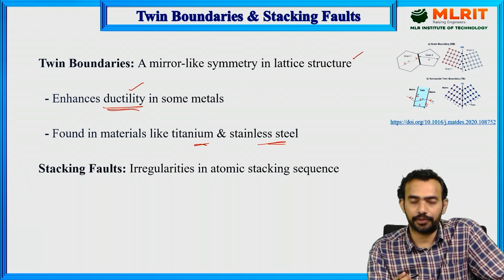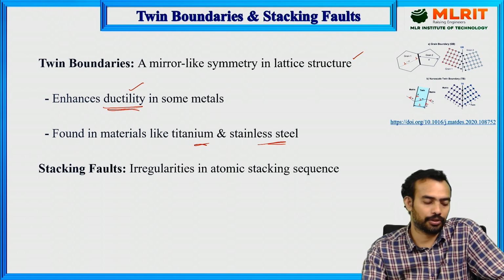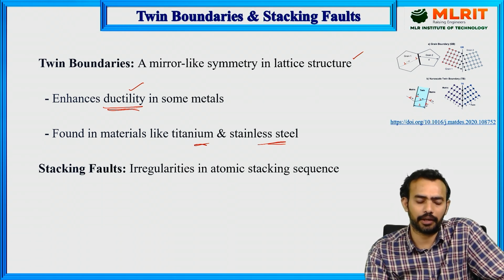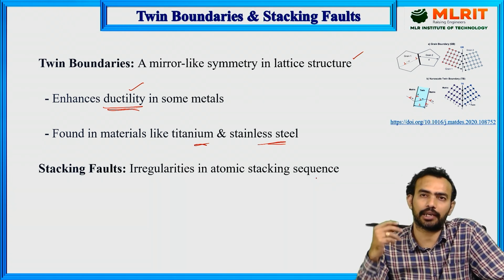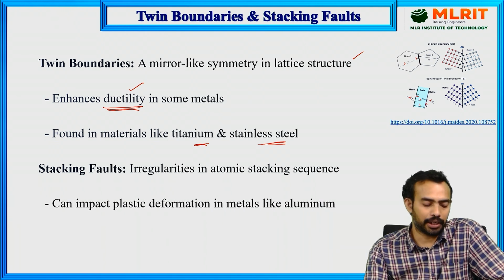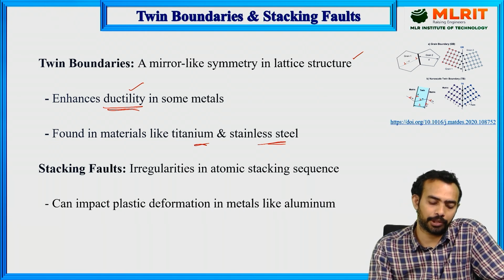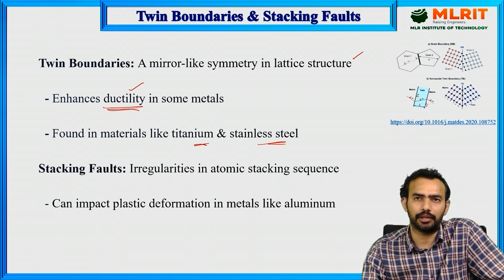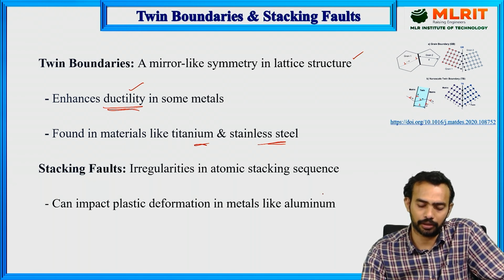Then we have the stacking faults, which are irregularities observed in the atomic stacking sequence. They can impact the plastic deformation in materials, in metals especially, particularly aluminum.